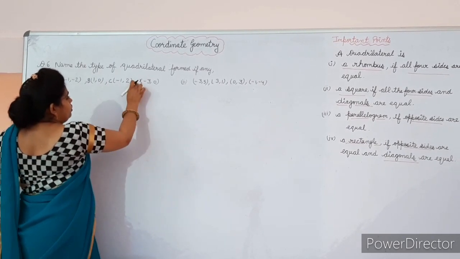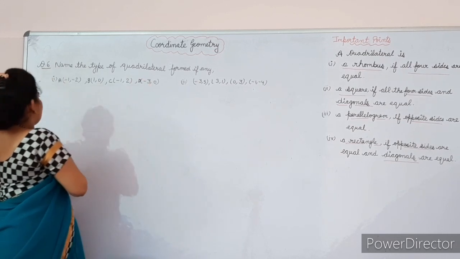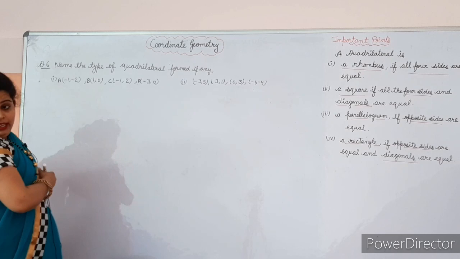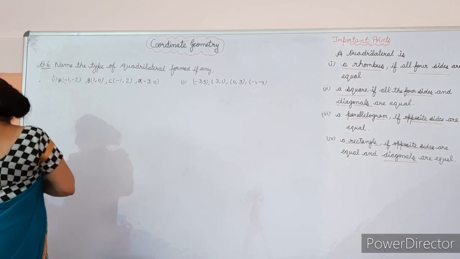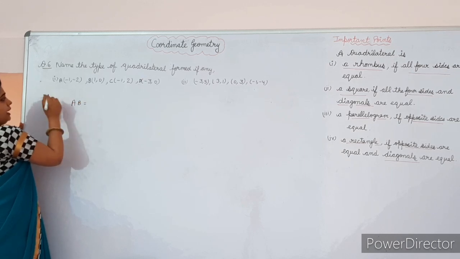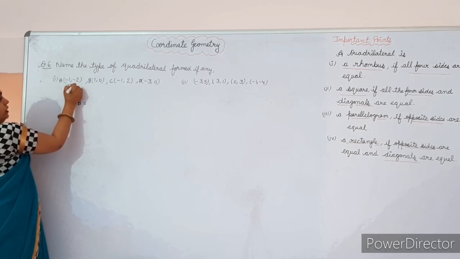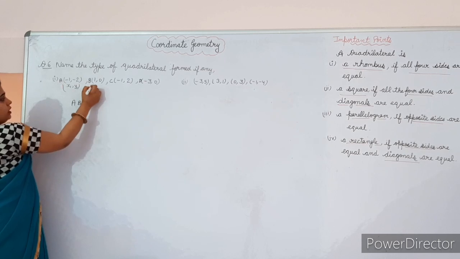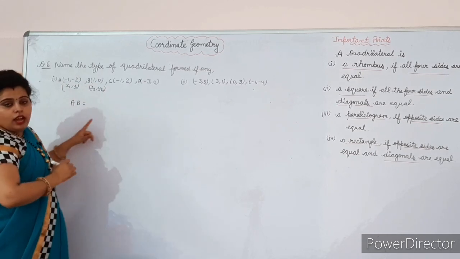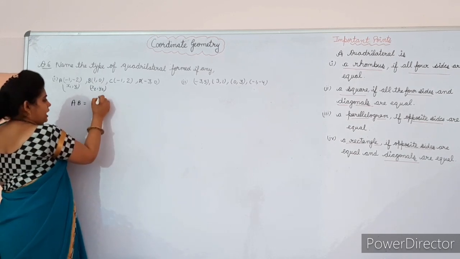Then we will find sides of quadrilateral: AB, BC, CD and DA. For AB, let it be x1, y1, x2, y2. Then how we will find this distance AB?